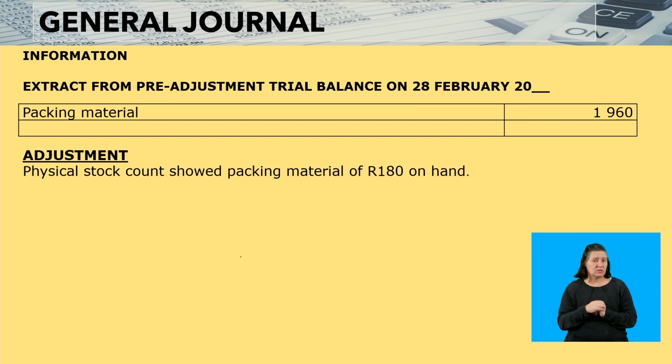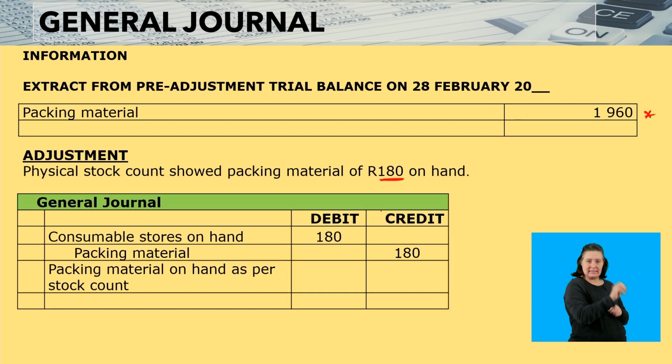It reads, an extract from the pre-adjustment trial balance on 28 February. We have packing materials, 1,960. We are then told, physical stock count showed packing materials of 180 on hand. So this is what was purchased, but we have 180 on hand.